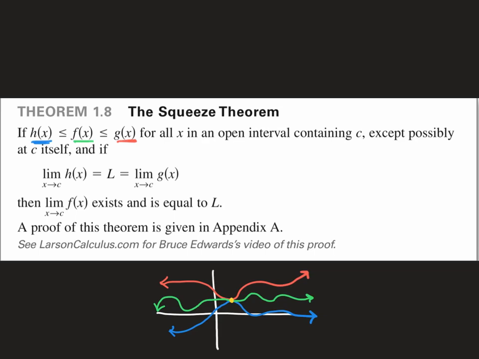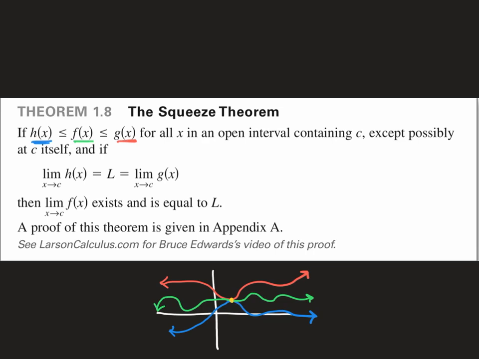There will be one point, if the squeeze theorem applies, where their limits will all be equal, and that's what's written in this next line here. If they are set up like this, where you have your greatest function, your least function, and one more function in the middle, and you're finding the limit at a certain value of c for h, and your limit at a certain value of c for g, and their limits are the same, pretty much like what I pictured over here, this limit for g is going to be the same as your limit for h.